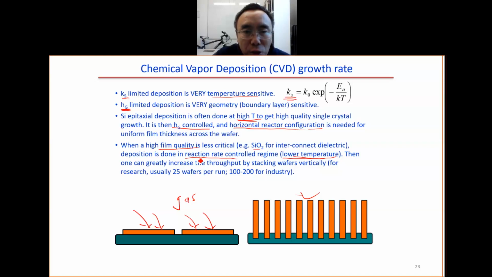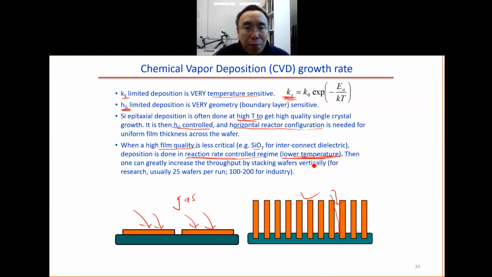We get the reaction rate controlled regime, and we can use this kind of configuration, because as long as the temperature is very well controlled, we get uniform deposition even though the mass transport is not even. The gas to the top is much easier than the gas to the bottom part, but it doesn't matter because the deposition is controlled by the temperature.